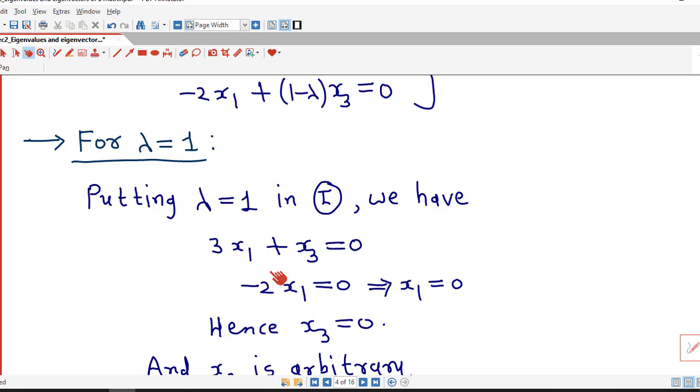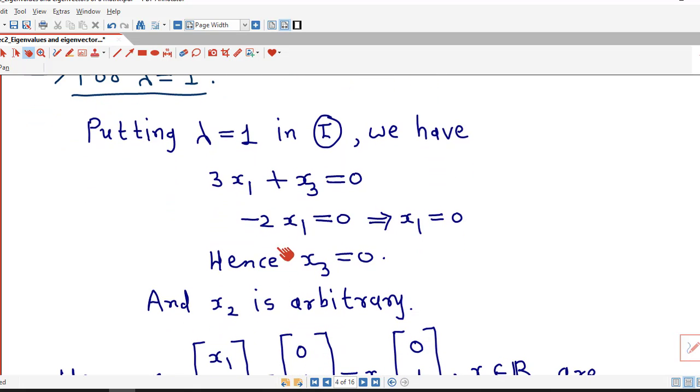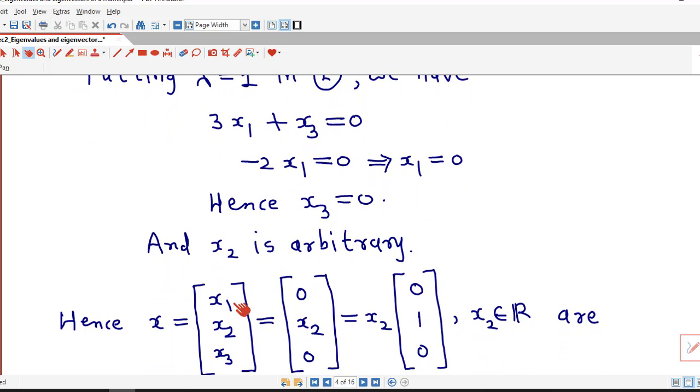And from equation 1 we can write x3 equal to 0 because x1 is 0. So if we put x1 equal to 0 here, we obtain x3 equal to 0, and we don't obtain any restriction on x2. So x2 is arbitrary, we can have any value for x2. So hence we can write our eigenvector as x1 and x3 are 0.